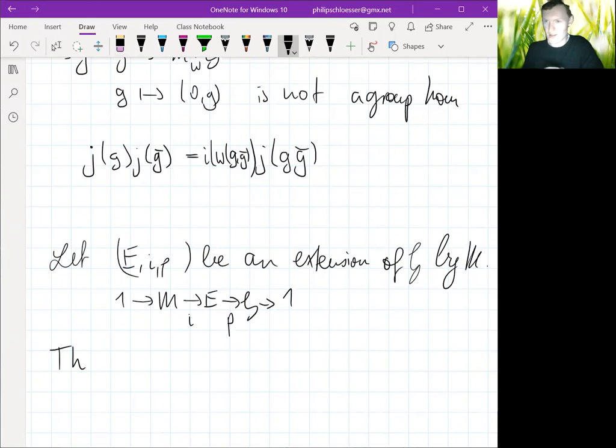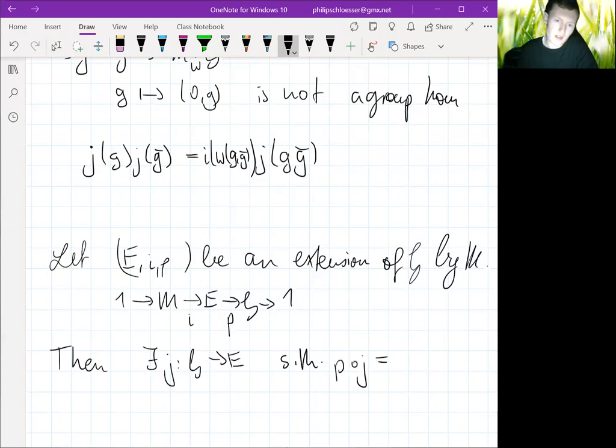The section usually isn't a group homomorphism, but it is at least some map. Then there exists a map J from G to E, such that P after J is the identity on G.